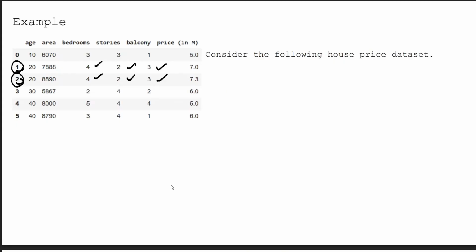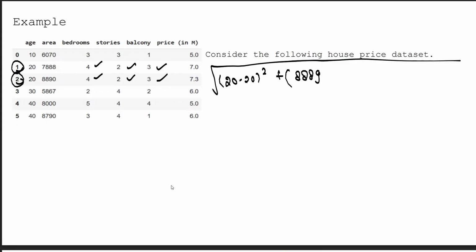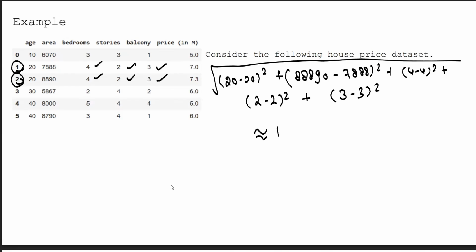If we use the Euclidean distance to calculate the similarity for KNN, it is the square root of (20 minus 20) squared plus (8890 minus 7888) squared plus (4 minus 4) squared plus (2 minus 2) squared plus (3 minus 3) squared. If we calculate this value, the Euclidean distance comes to around 1000.